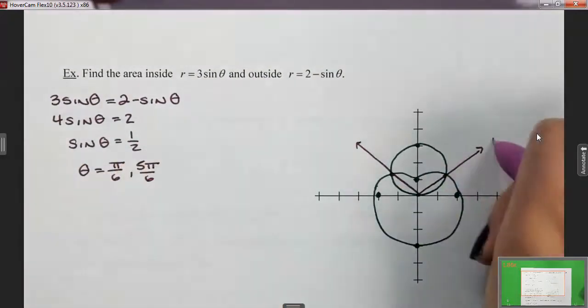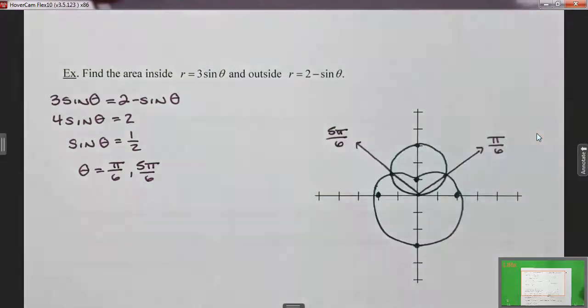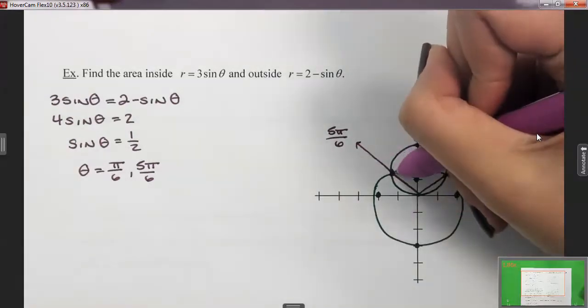Pi over 6 and 5 pi over 6. Inside the circle and outside the limaçon means this part, right?